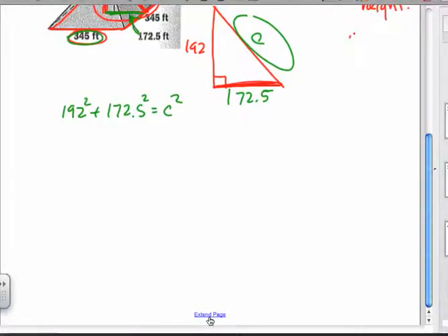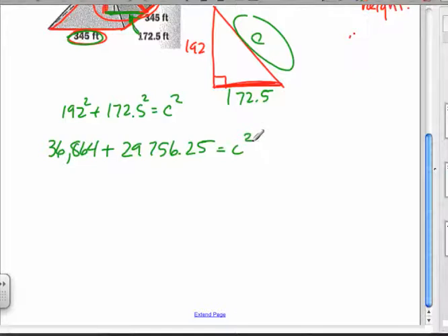What is 192 squared? Raise your hand if you've got it on that nifty calculator you have in your spot. Simon? 36,864. Beautiful. Plus, who has 172.5 squared? Trigo? 29,756.25. So that's equal to c squared.